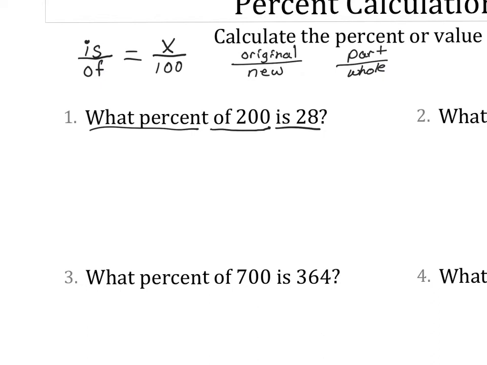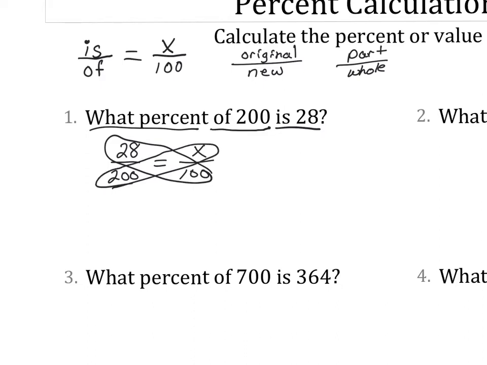In this particular case, we're talking about of 200. So when I write that, that goes where the of appears. The x over 100. And then the 28 is the is. And then all we're doing is cross multiplying. So I get 200x is equal to 2800.